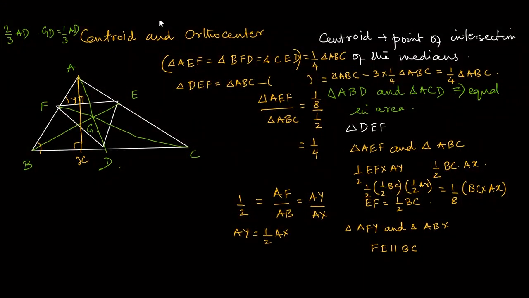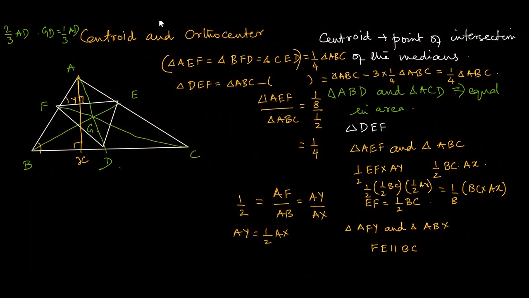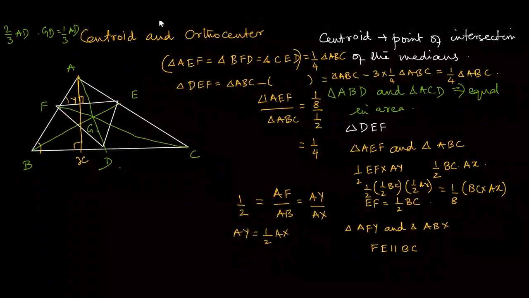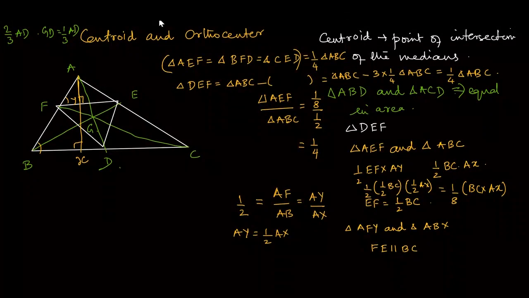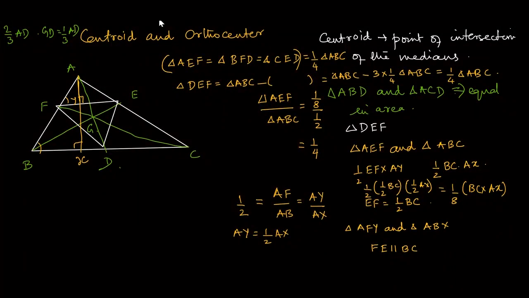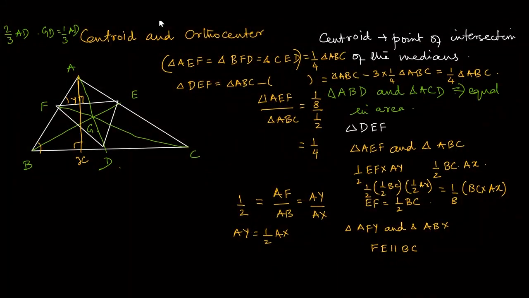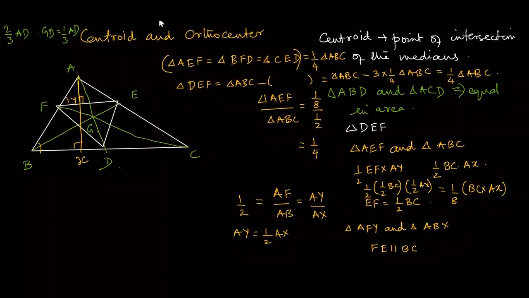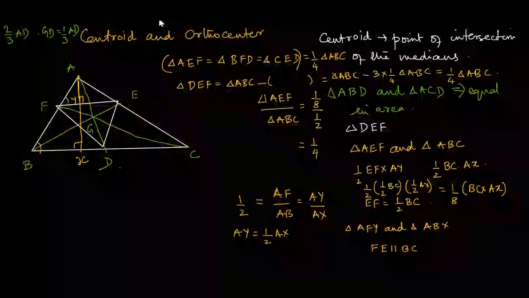So the question might come that ABC is a triangle such that D, E, F are the midpoints of the sides respectively. If the area of the triangle DEF is, let's say, 10 square centimeter, what is the area of the triangle ABC, right?